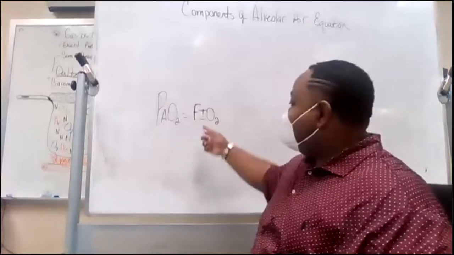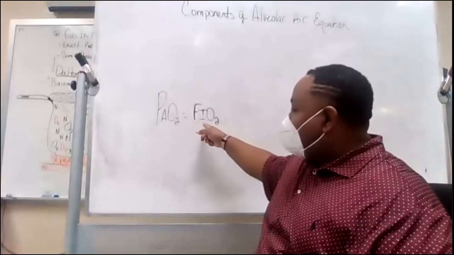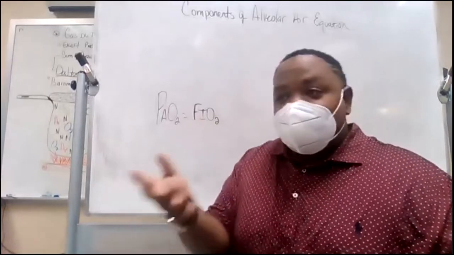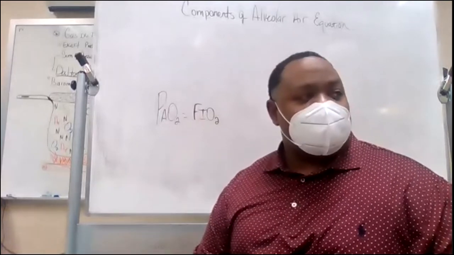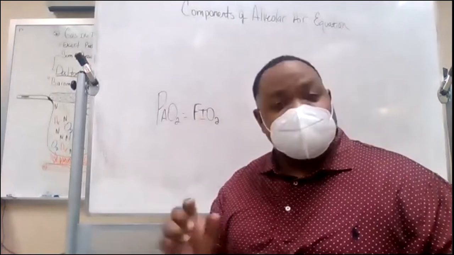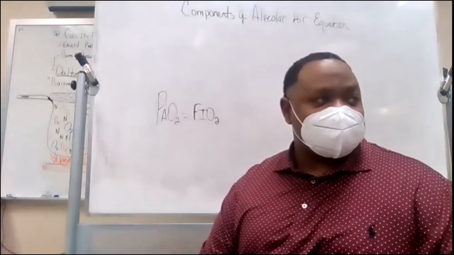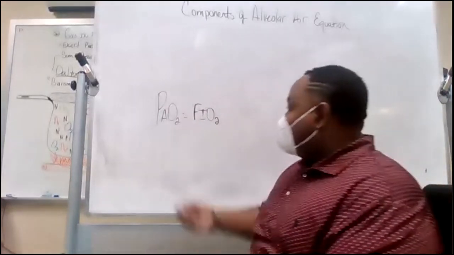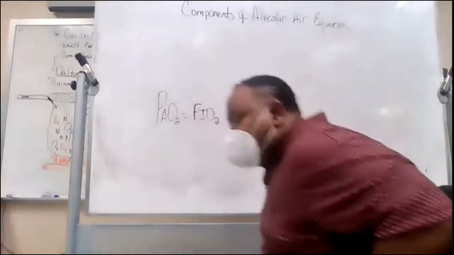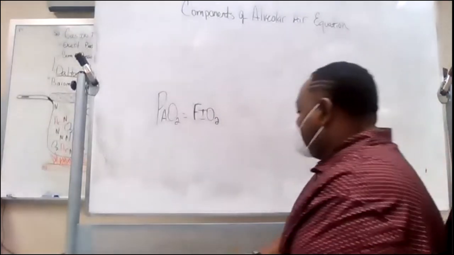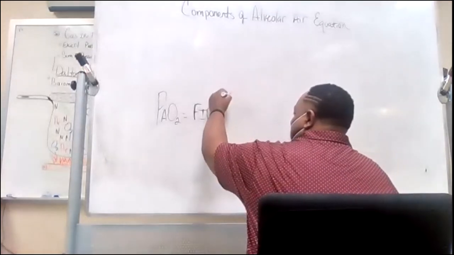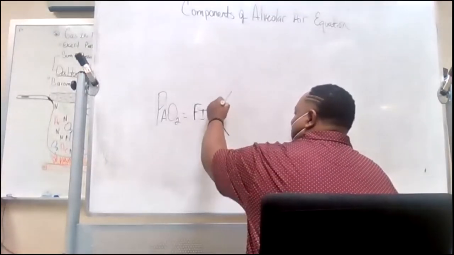The name is the fraction of inspired O2, whatever that is that I inspired. If I'm just in room air, then it's room air, okay? But if I got on some oxygen, it's going to be a higher percentage. But it's still the fraction of inspired oxygen. This is the oxygen that I'm breathing, whether it's room air or 100%. All right, so that's the FiO2, which is the fraction of inspired oxygen.